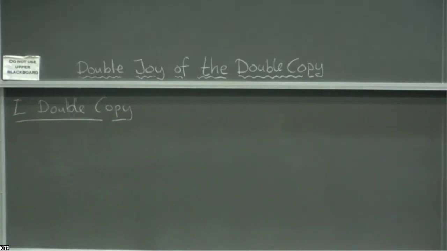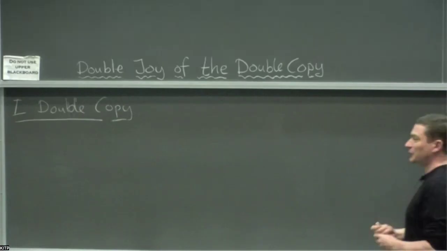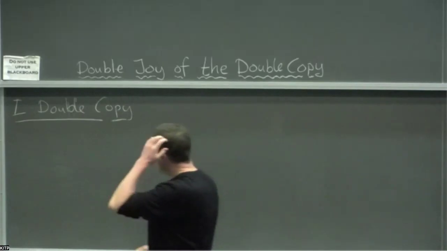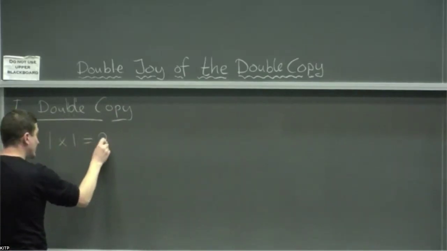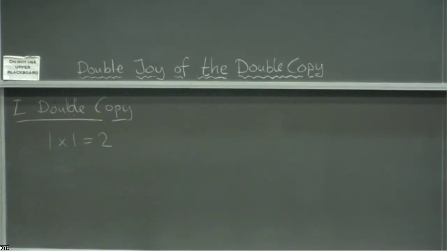Sometimes it's hard to explain what it is, but if I try to explain it to a first grader, I would say that it's just a statement that 1 times 1 equals 2. And then the first grader would say, nah, that's wrong, you meant plus.